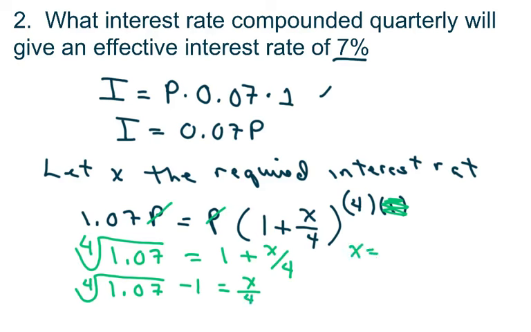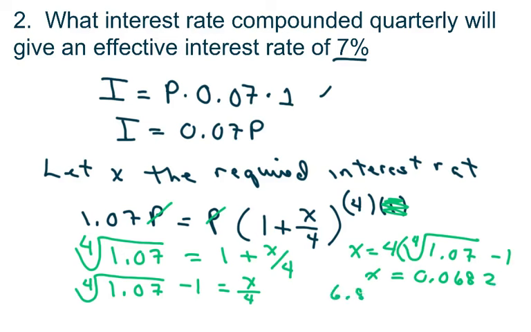So x equals 4 times the fourth root of 1.07 minus 1. So x equals 0.0682. Thus an interest rate of 6.82% compounded quarterly has an effective interest rate of 7%.